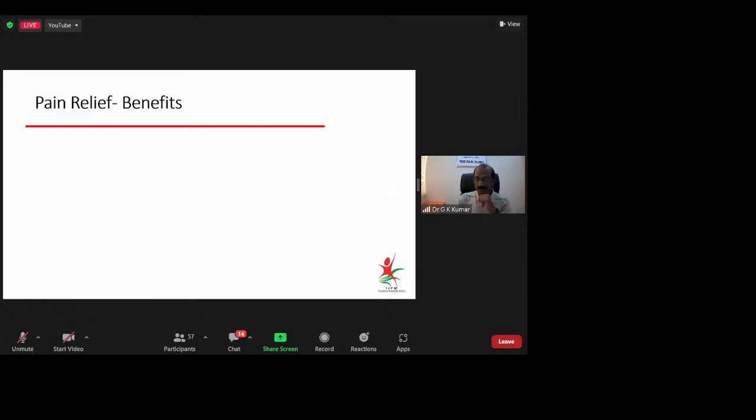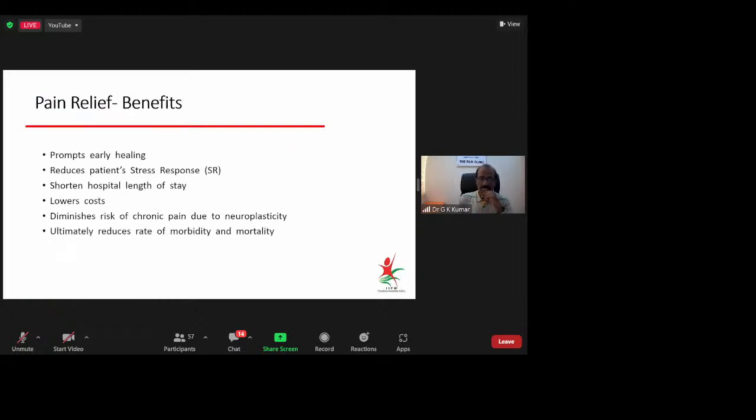So pain relief has obvious benefits. If you do not relieve pain, there are obvious catastrophes. One is that it prompts early healing of the wounds. Most probably after trauma and after surgery, the patient will have acute pain. Relieving it prompts early healing, reduces the patient's stress response, shortens the length of hospital stay, and thereby lowers the cost.